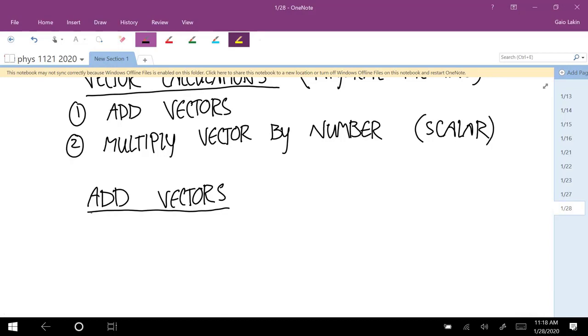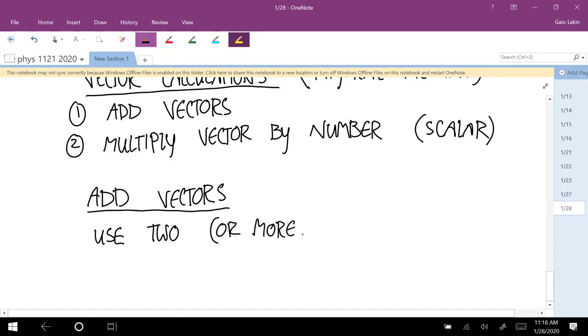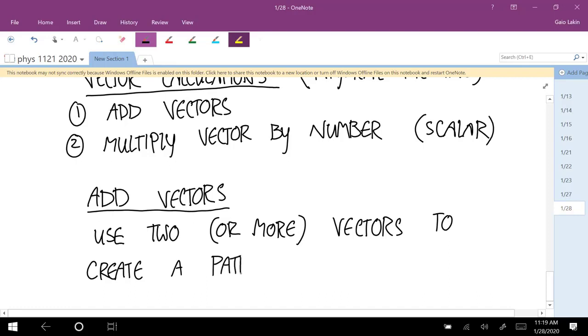So the idea is you use the 2 vectors, let's say 2, or it works for more vectors too, to create a path from a start point to a finish point, or to an end point.